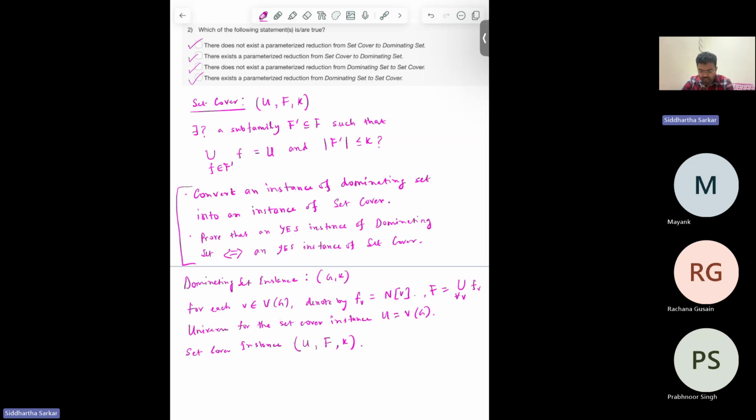The next step is to prove that if there is a dominating set of size k, then there is a set cover of size k in the constructed instance also.